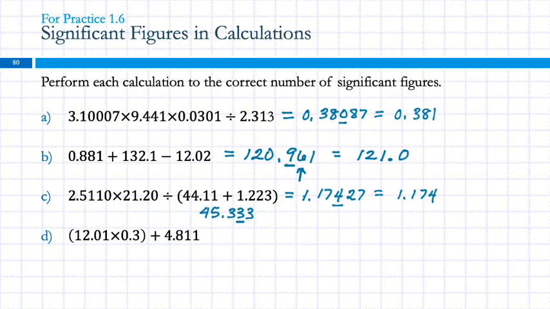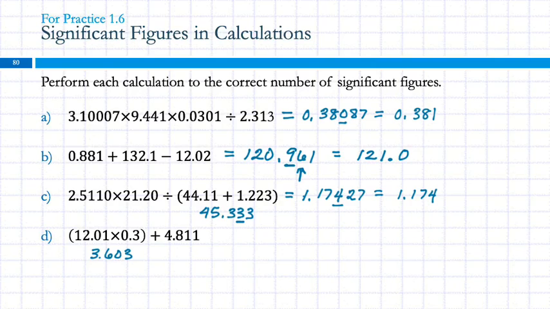Letter D, here we've got multiplying and adding, and we're going to do the parentheses first. So I'm going to multiply these 2 numbers, 12.01 times 0.3. And I'm going to write this down. It's possible to do it without writing it down, but it's going to take a little bit of practice. So for now, just write it down.